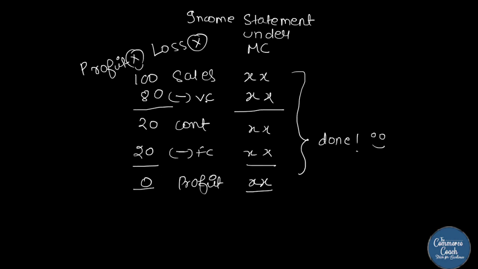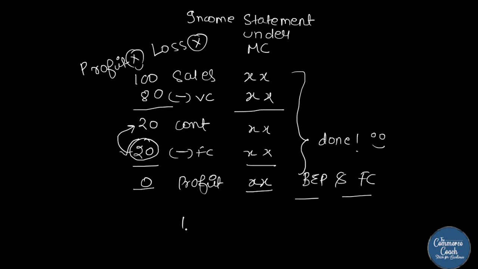No profit, no loss situation. BEP is the point where you are only able to recover your fixed cost. So BEP and fixed cost have a close relationship. As you can see here, I am only able to recover my fixed cost out of my contribution.